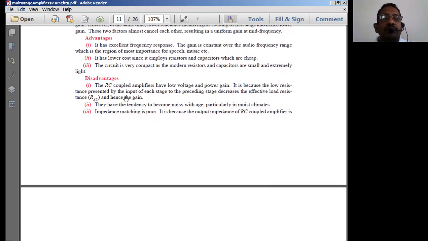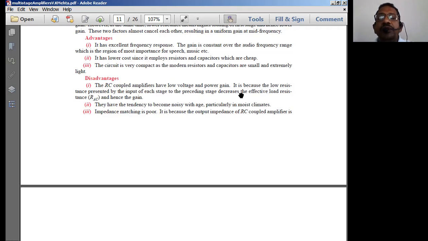Disadvantages of the RC coupled amplifier. The RC coupled amplifiers have a low voltage and power gain. This is what I was talking about. Due to impedance mismatch, the voltage gain is going to decrease drastically. So if the voltage gain decreases, definitely the power gain is also going to decrease.